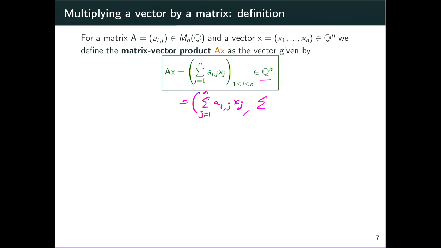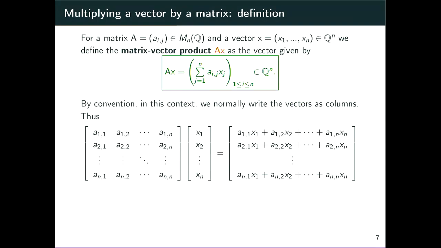And then the next one is going to be A2j times xj, j equals 1 to n, dot, dot, dot, up to the sum over j equals 1 to n of Anj xj. So you see that we're just moving through the rows, and so the first row, multiplying coordinates and then summing them together, will give you the first component, then the second row will give you the second component, and then the nth row will give you the nth component.